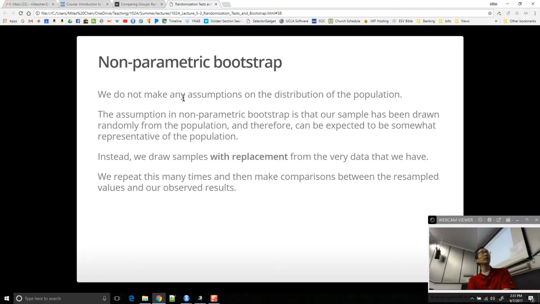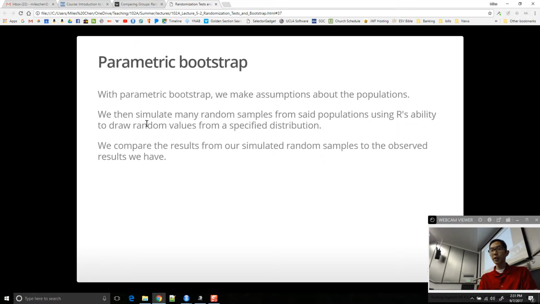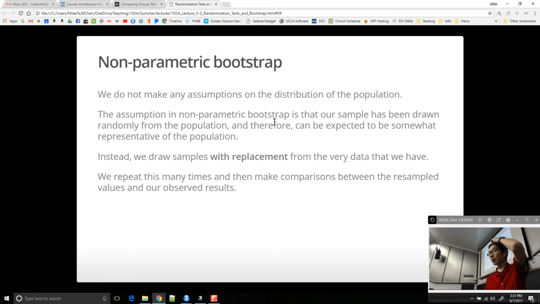With non-parametric bootstrap, we're not making any assumptions on the distribution of the population. With parametric bootstrap, we are making assumptions. In this case, we're saying our population follows the normal distribution, or in another situation, we might say it follows another distribution, like a Poisson distribution. Non-parametric bootstrap makes no distributional assumptions about the population.